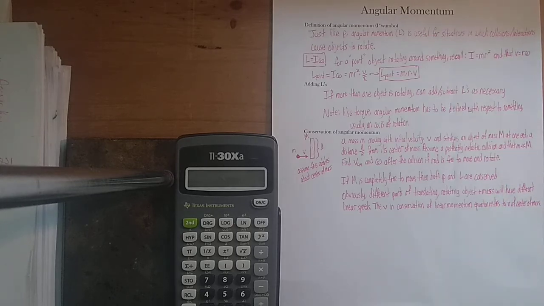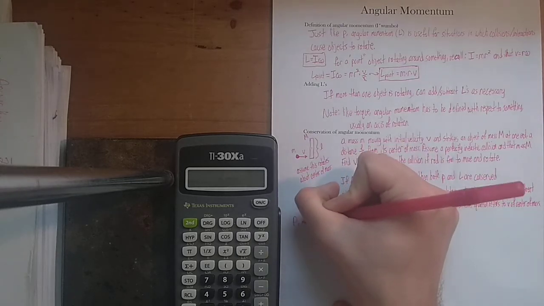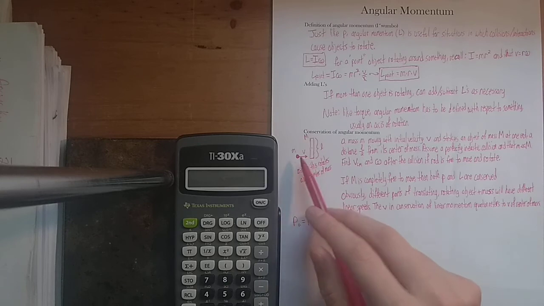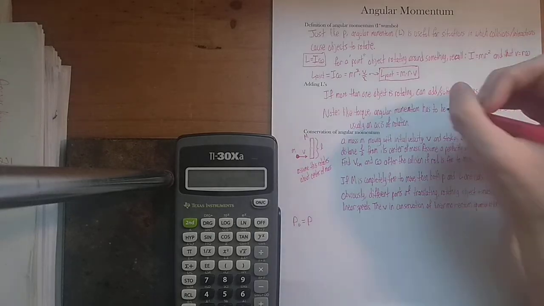So we have two different situations here. Let's deal with the easy one first. If linear momentum is conserved, we know how to deal with that. The initial linear momentum must be equal to the final linear momentum. This just means there's no net force on our system. Initially, there's an object of mass m with a speed of v. I probably should have labeled this v naught. Yeah, let's do that.